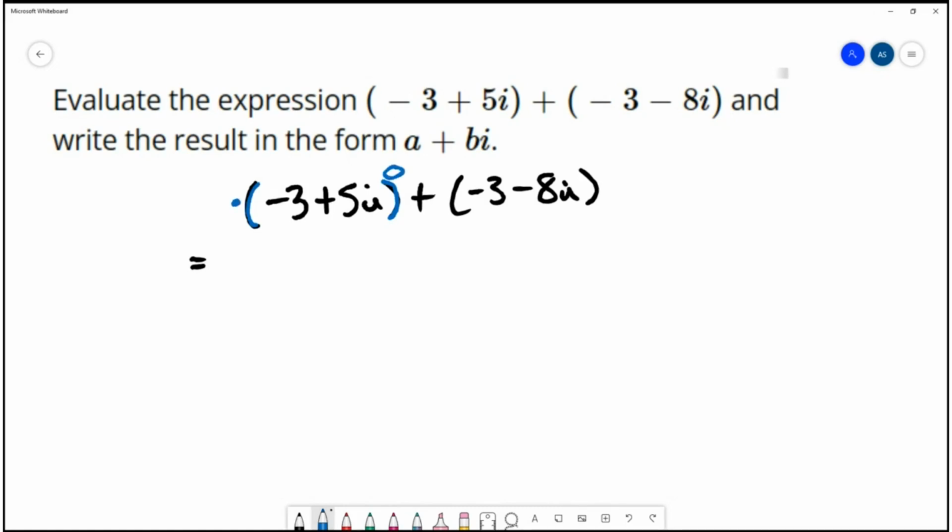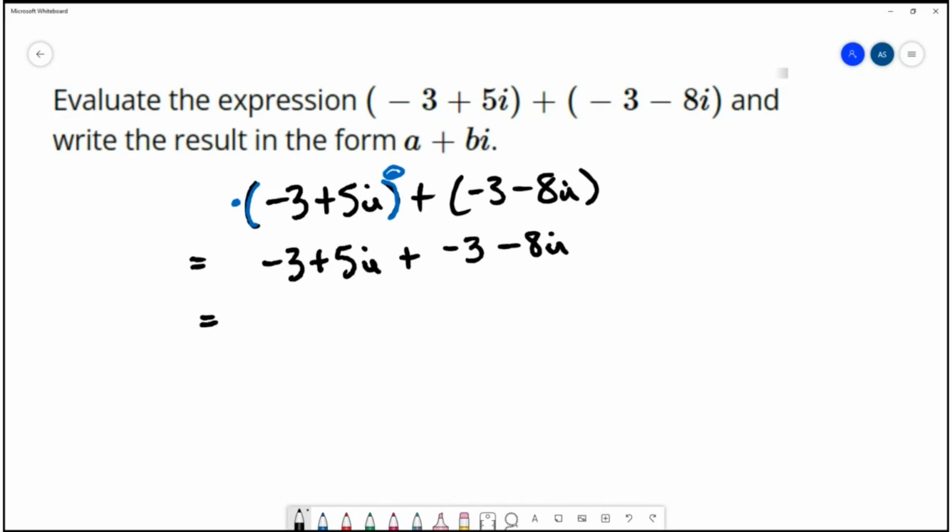There's nothing raised to the power here. So those parentheses are only meant for grouping those terms together. So we can drop those parentheses, and we can drop them without being concerned whether we're losing any operations or losing the equivalence.